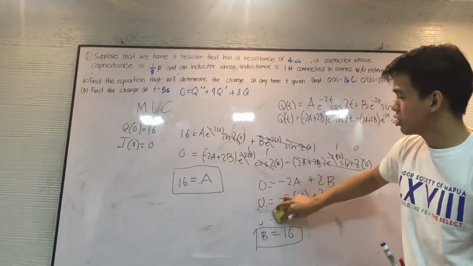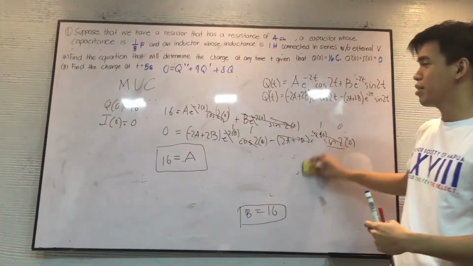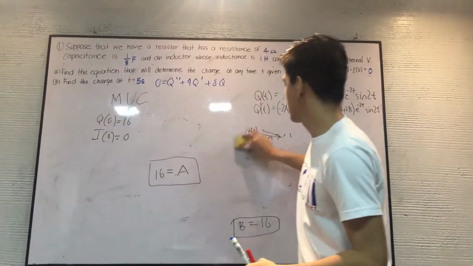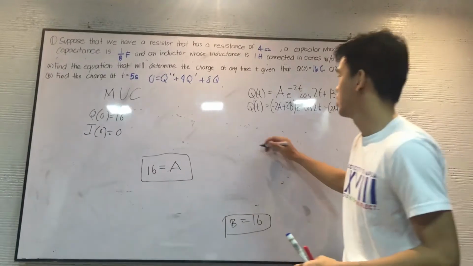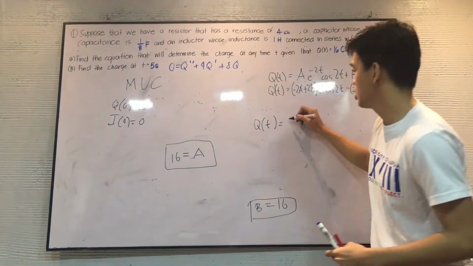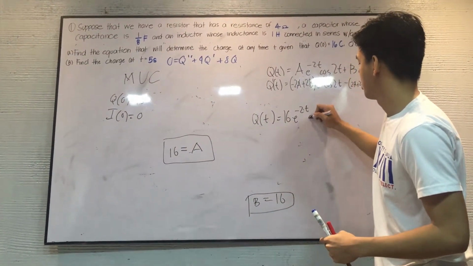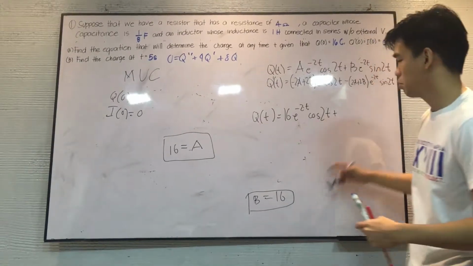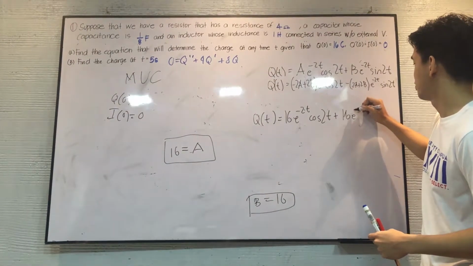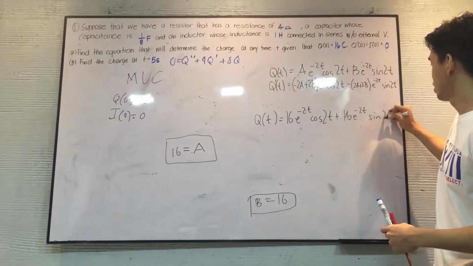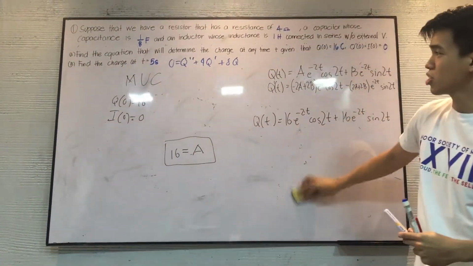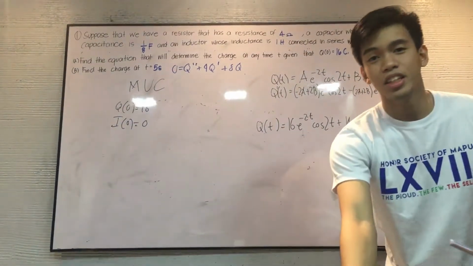We have determined the two undetermined coefficients, so we substitute them into the solution, which is q(t) equals a, which is 16, then b, which is another 16. We have our solution, the charge at any time t.